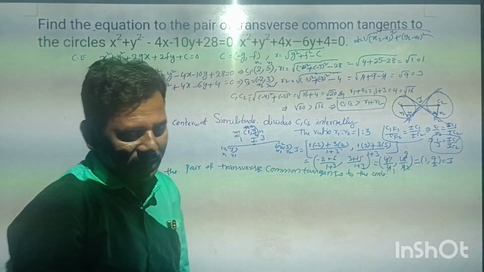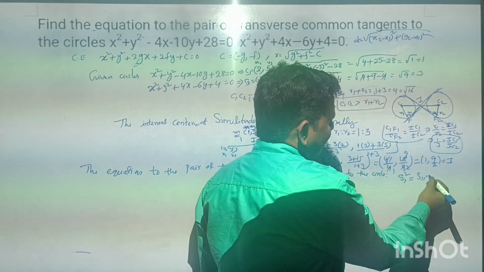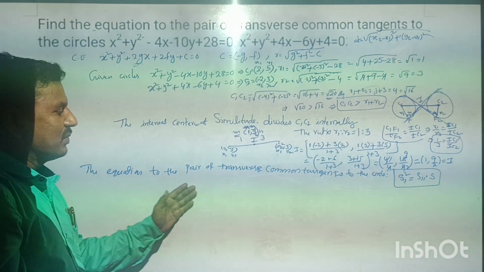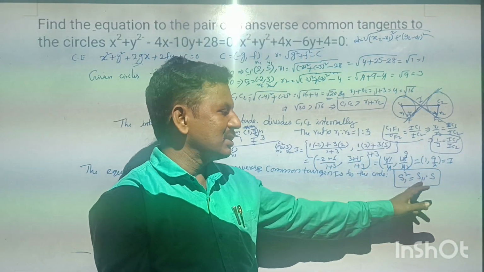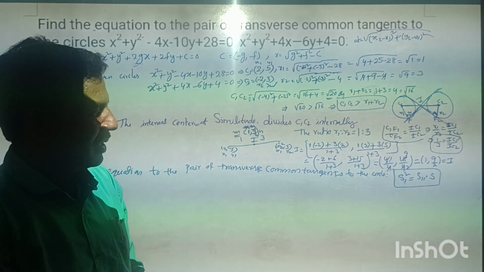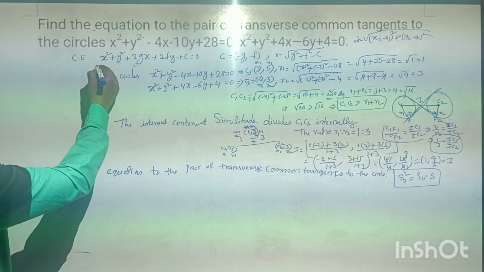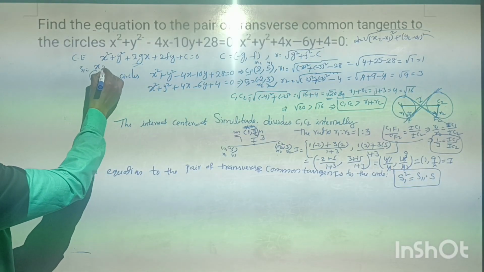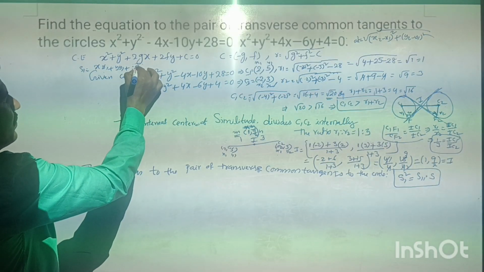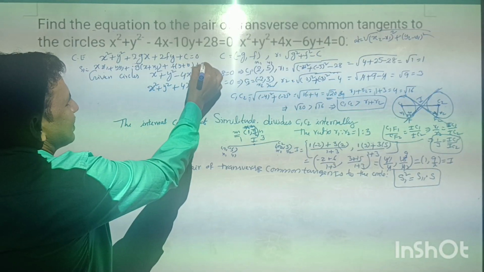We know the formula: S1 squared equals S11 into S. This is for the common tangent. The equation of the pair of transversal common tangents to the circle is S1 squared equals S11 into S. Already S is given. So S1 equals x1 x plus y1 y plus g(x plus x1) plus f(y plus y1) plus c equals 0.